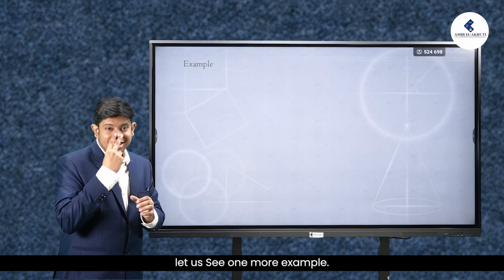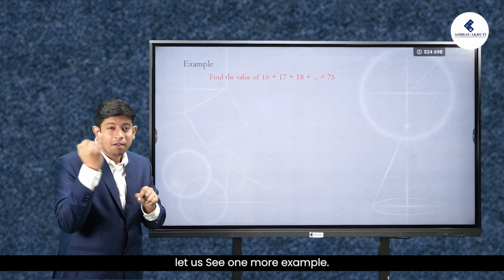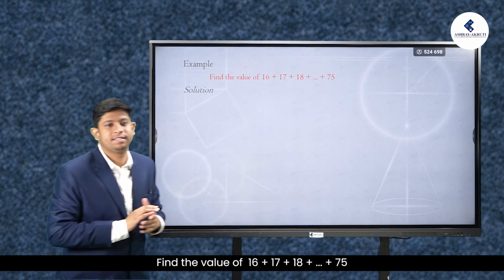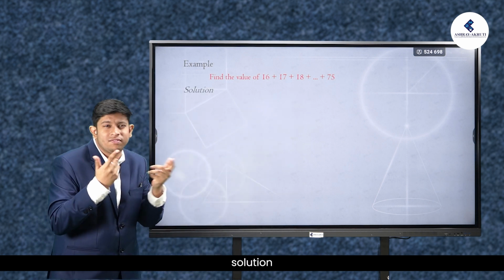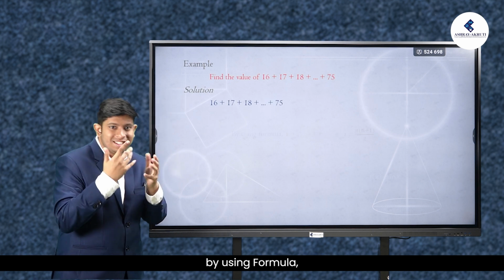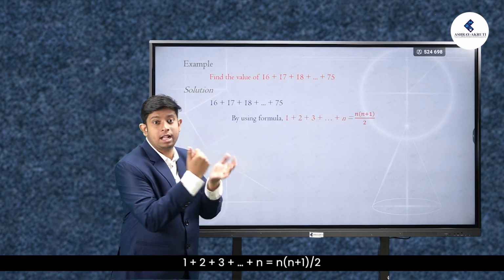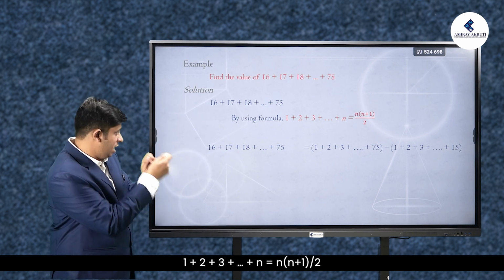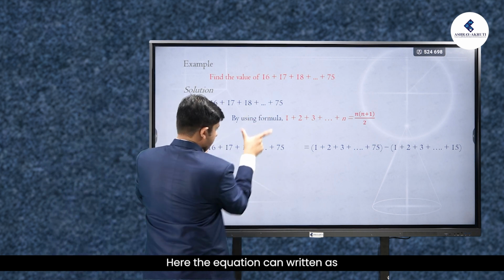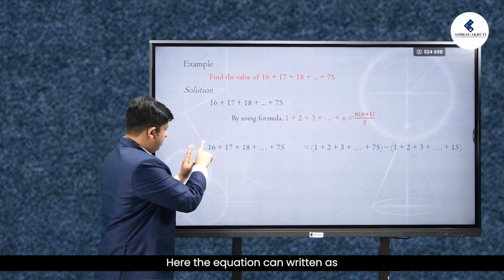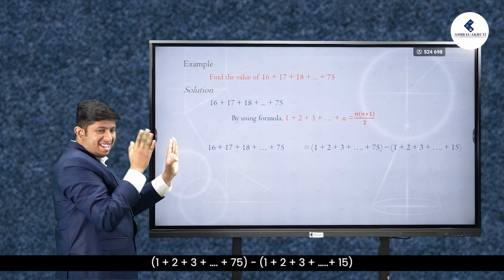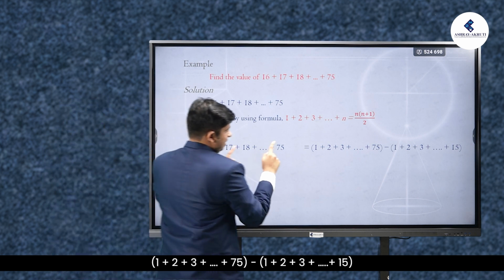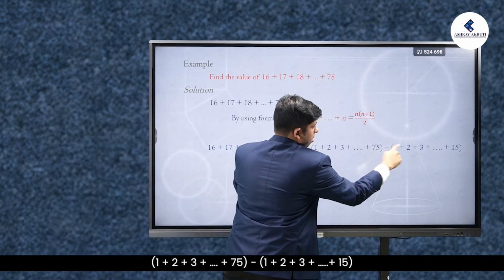Let us see one more example. Find the value of 16 plus 17 plus 18 plus so on 75. Solution. By using formula 1 plus 2 plus 3 plus so on plus n is equal to n into n plus 1 by 2. Here the equation can be written as 1 plus 2 plus 3 plus so on plus 75 minus 1 plus 2 plus 3 plus so on plus 15.